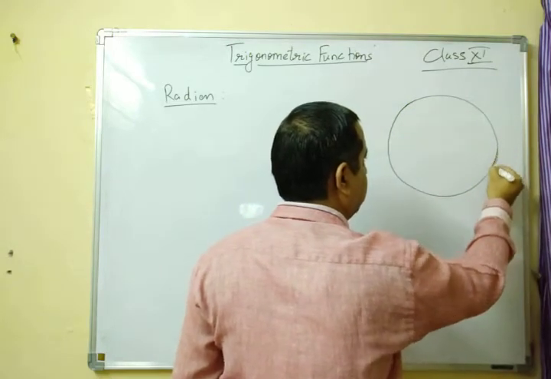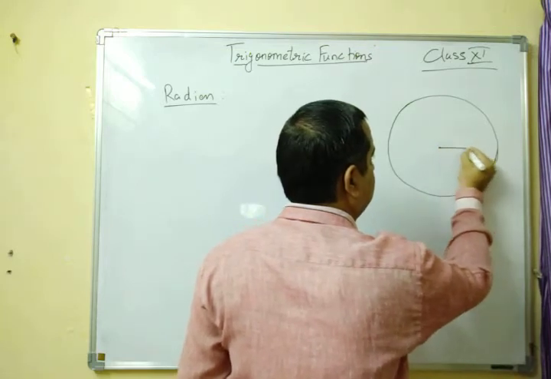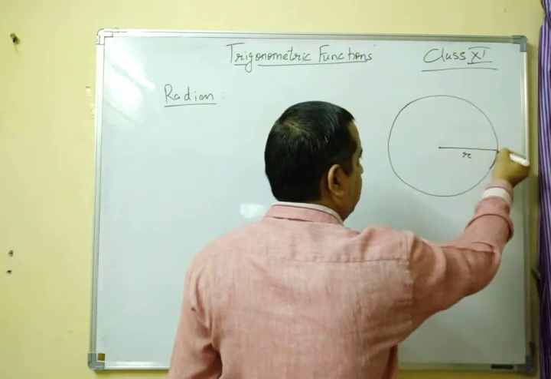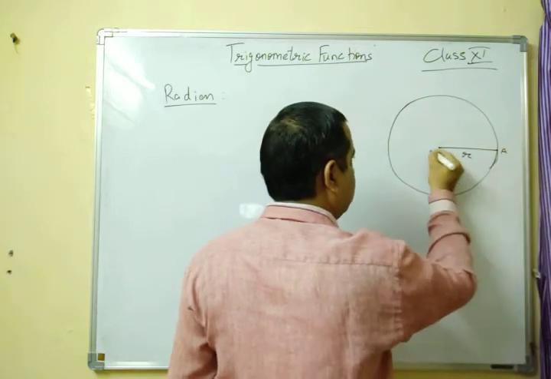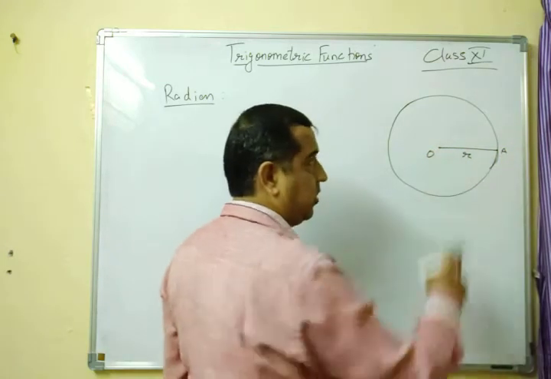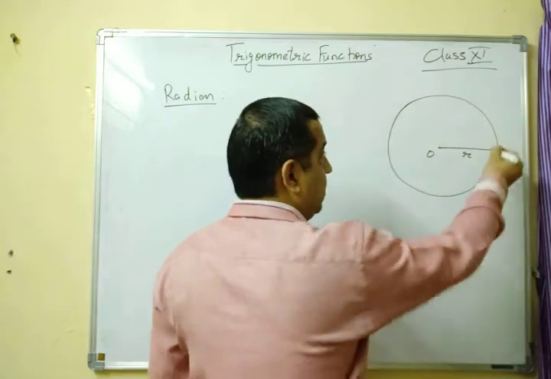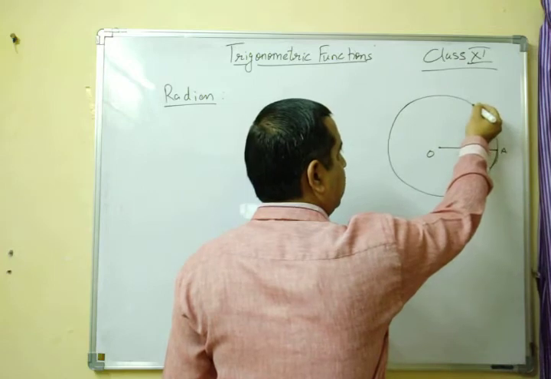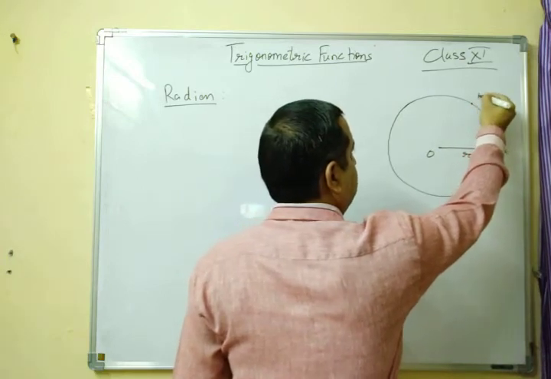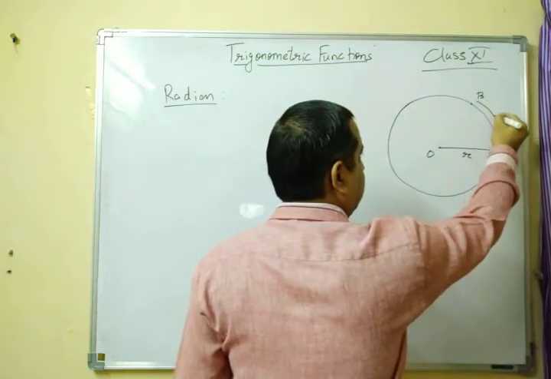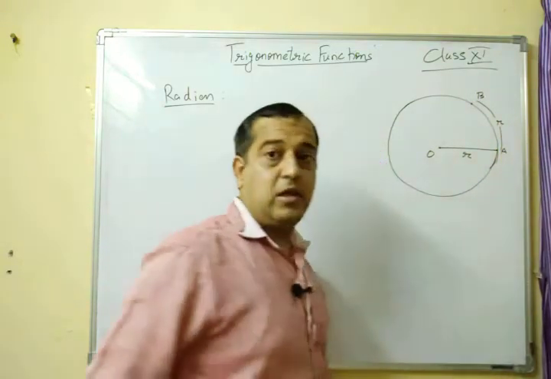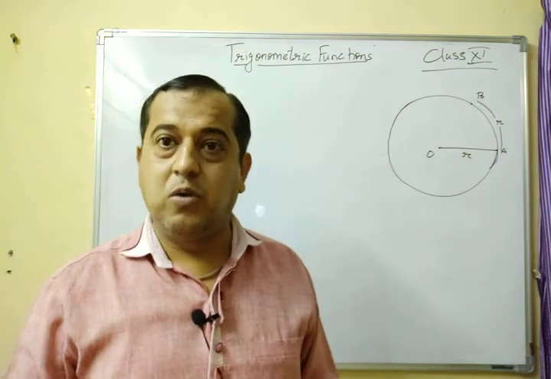Now see, this is the circle. In this circle, the radius is suppose r. Suppose this is center O, and this is the point A on the circumference of the circle. Now from this point A, we take the curve in such a way that we come to this point B, and this arc is also having the length r, which is equal to the radius of the circle.